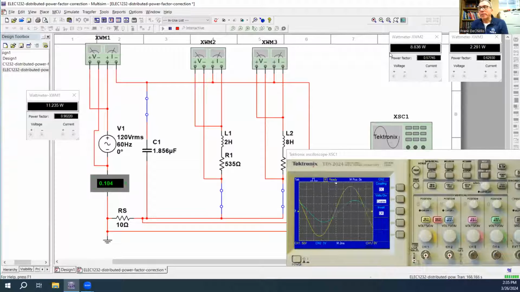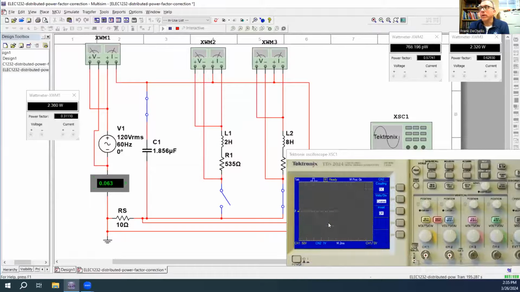But there's a problem with that. If we decide to disengage one of these loads to de-energize, then your power factor changes. Now, when I turn load 1 off, my power factor is now 0.3 overall, and if you look at the scope, current is now leading voltage.